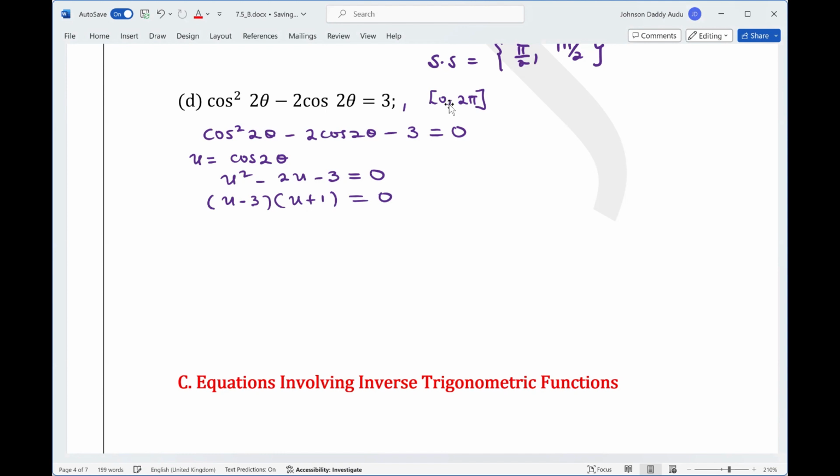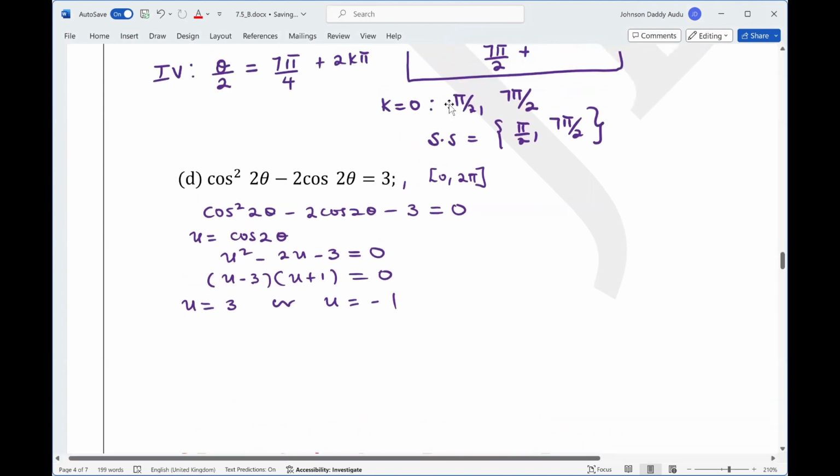Now, once we have this, what can we do? Here we can just say, okay, u equals 3 or u equals minus 1, right? So here something is happening.